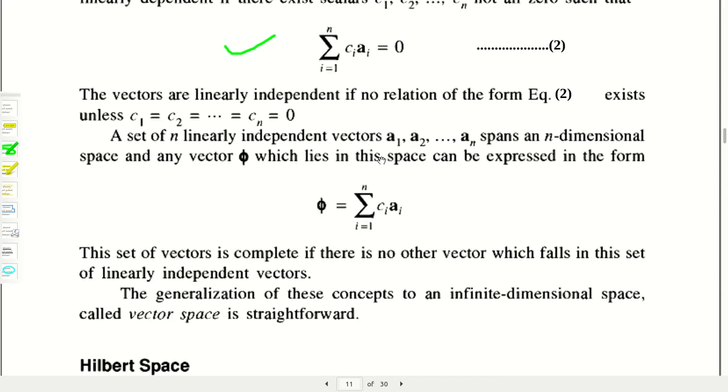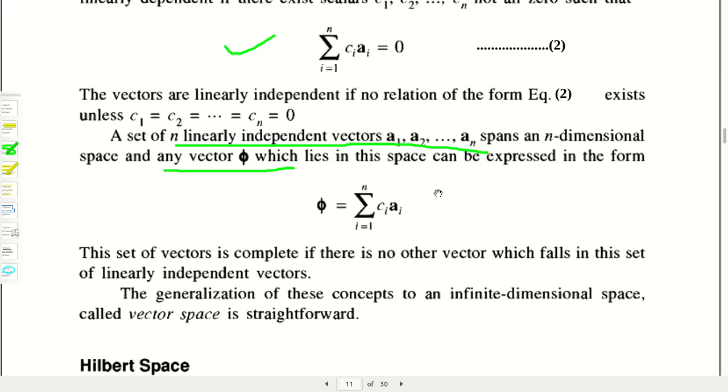Now if you have a set of n linearly independent vectors, we are considering n linearly independent vectors a1 to an, then there may exist any vector phi which can be expanded in the basis set of the a1 to an vectors.